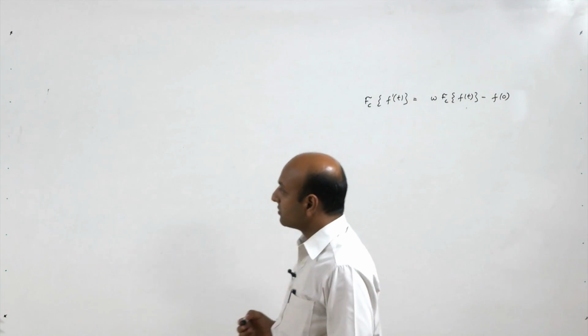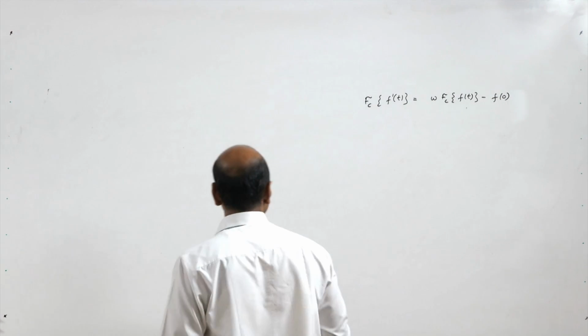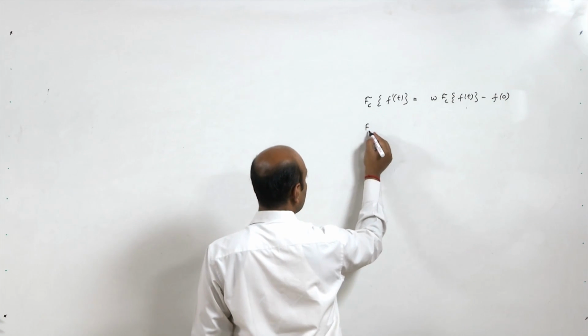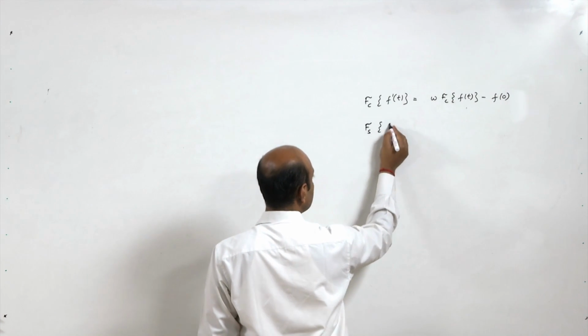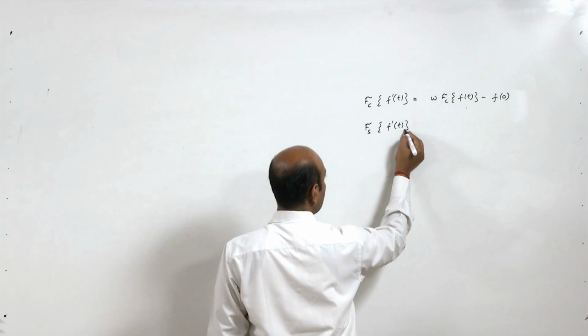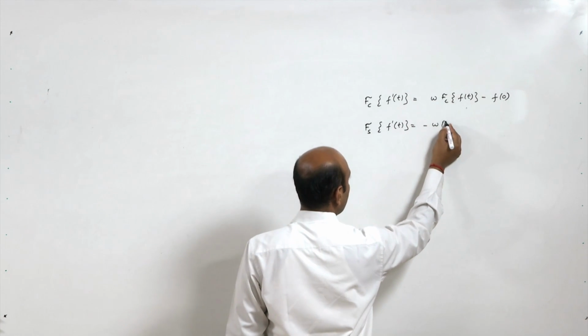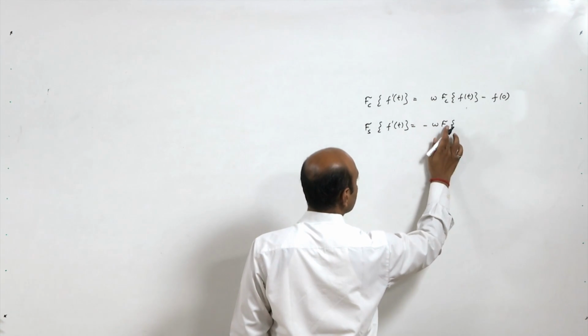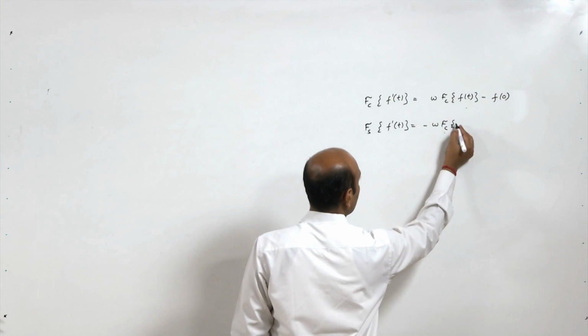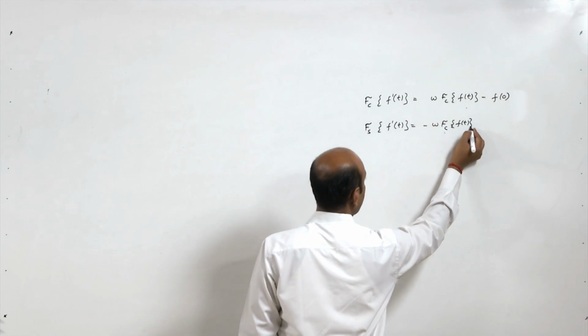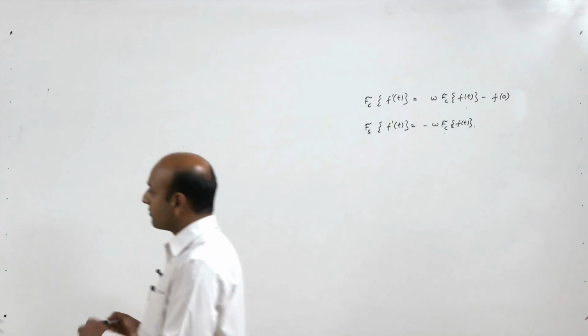Next is Fourier sine transform of f dash t, which is nothing but minus omega times Fourier cosine transform of f t. So, these expressions we have just derived.